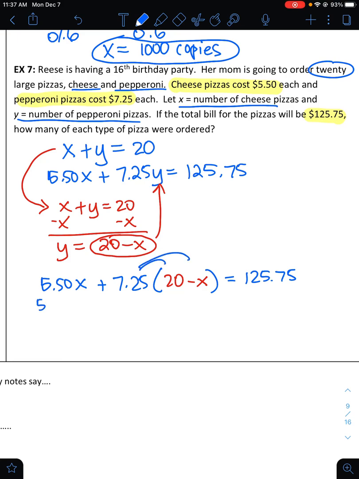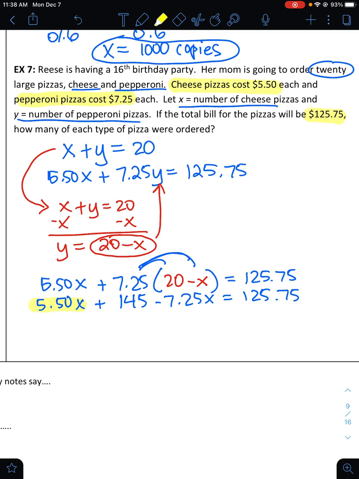Distribute. So I have 5.50X plus, so 7.25 times 20 is 145. And then don't forget to multiply times the second one. So minus 7.25X equals 125.75.